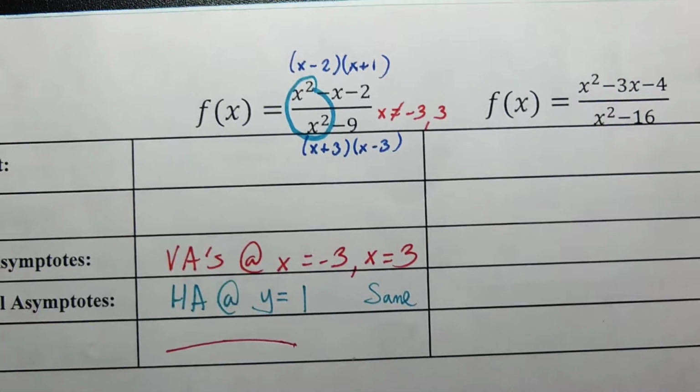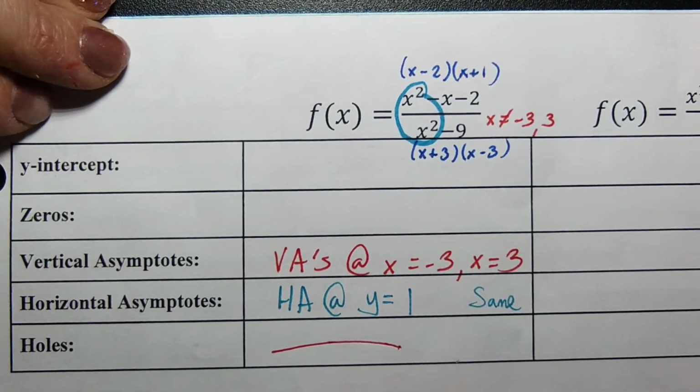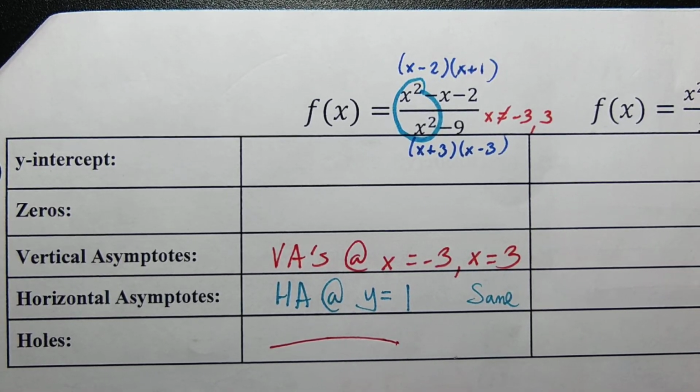I want you to see if you can find the x-intercept and the y-intercept for this one. Y-intercept, remember, is 0 and a number. X-intercept is a number and 0.